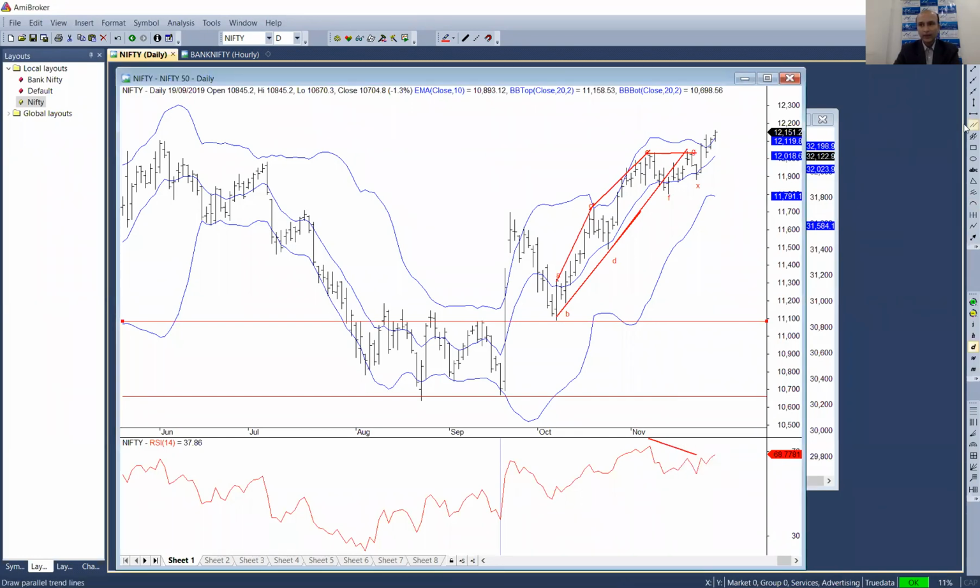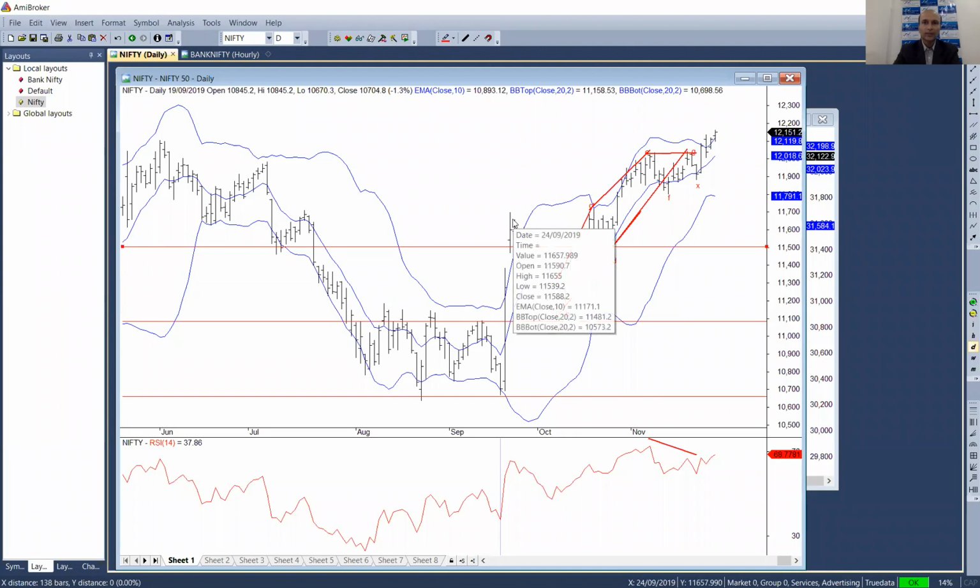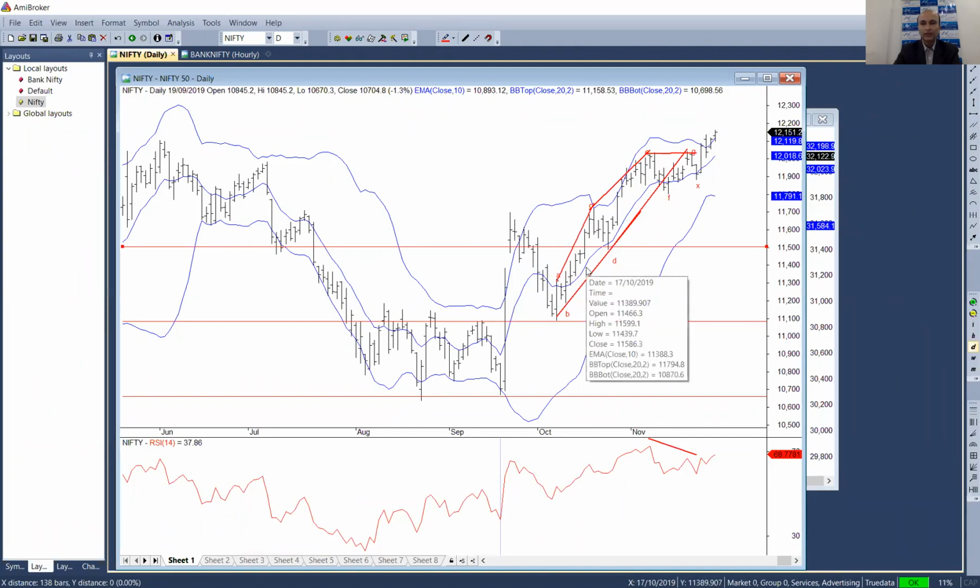11,503. Where is 11,503? If I am looking at 11,500, this is the level. Now try to understand, the sentiment over here was super bullish just within a day's time. That resulted in a very sharp up move on the charts, and then we started consolidating across that level of 11,500. The next level is 11,881.